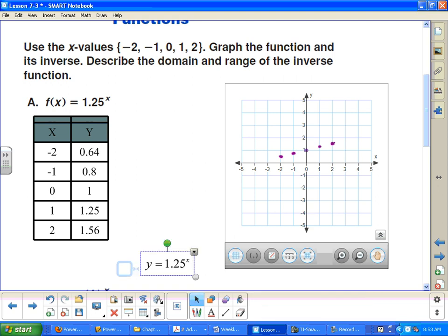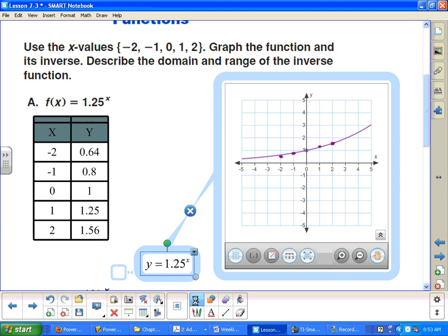Which is this graph here. Okay. Now that's my function. Y equals, or f of x equals 1.25 raised to the power of x.